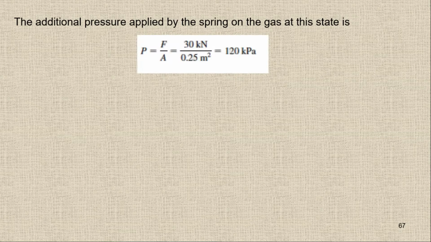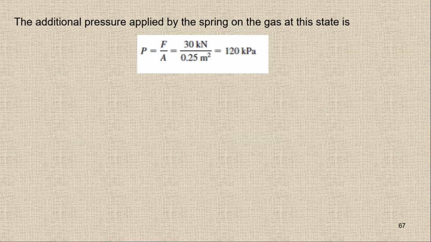So it will be force upon area. The force is 30 kilonewton divided by area, which is 0.25 meters squared. So you will get 120 kilopascal. This is the additional pressure exerted by the spring. The spring exerts the force, and the force divided by area gives an extra pressure.